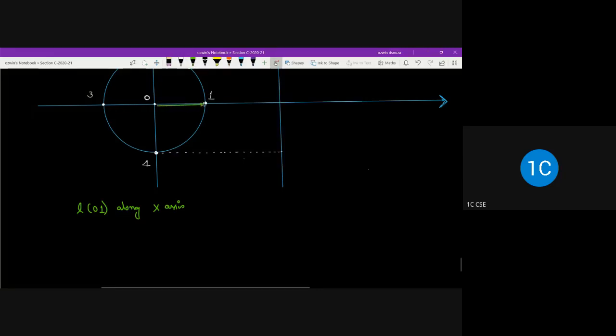I'm placing a vector along the x-axis. It is pretty difficult to overlap exactly along the x-axis, but be it. The length of O1 is the maximum value of the signal.